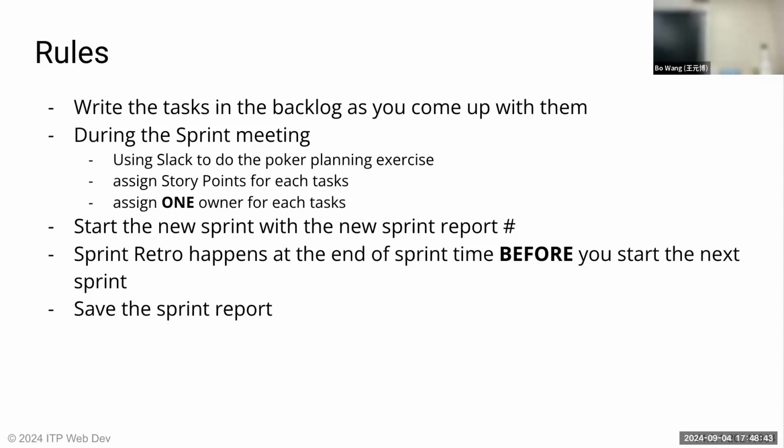He didn't do it, right? So we'll assign one owner of the task. If a task needs to be done by two persons, break it down into two tasks, right? So that's how we're going to work with the task backlogs. And then we'll start with the new sprint report, and then we'll do the sprint retro later.